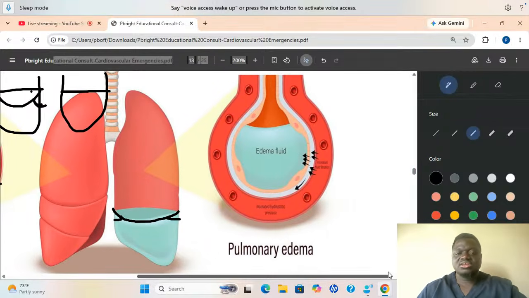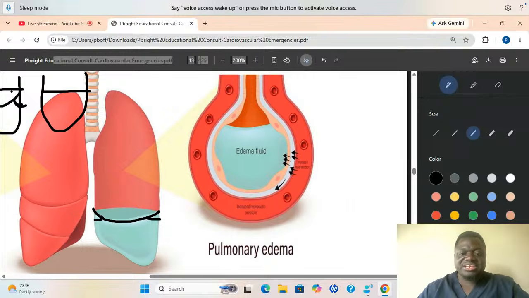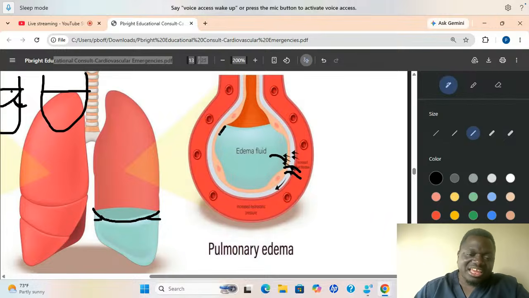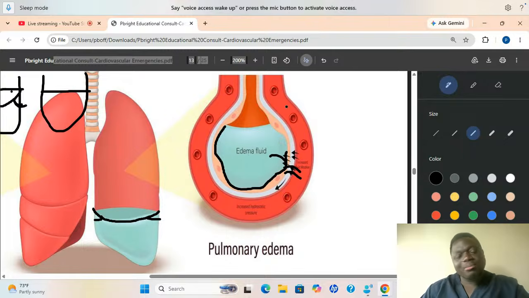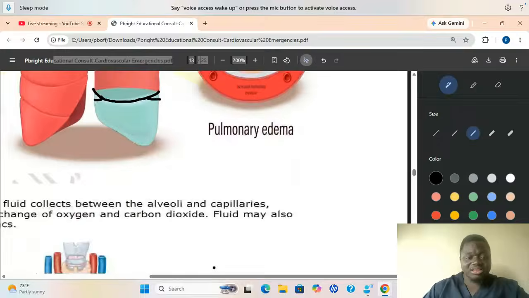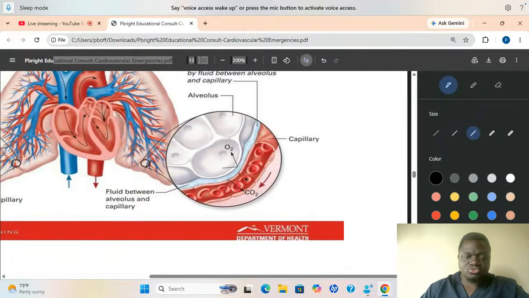In pulmonary edema, the fluid is moving to the alveoli, and the alveolar wall is very tiny, so the least thing pushes the alveoli up and causes issues. You can see it very well here, you see the water.